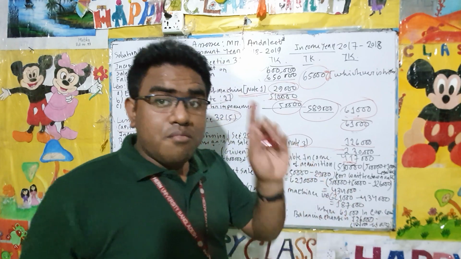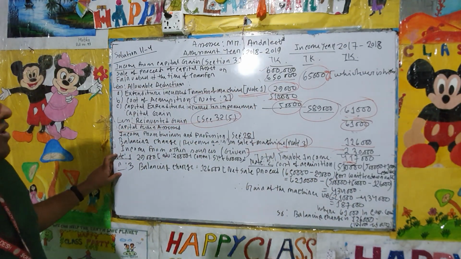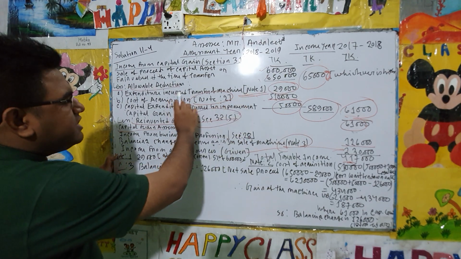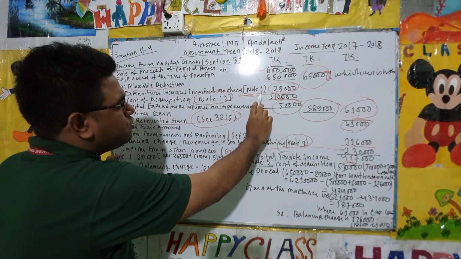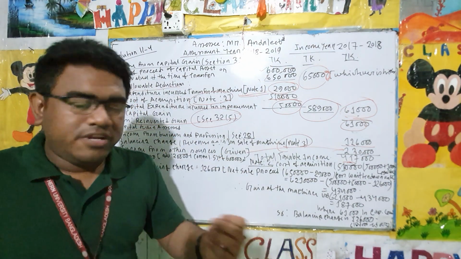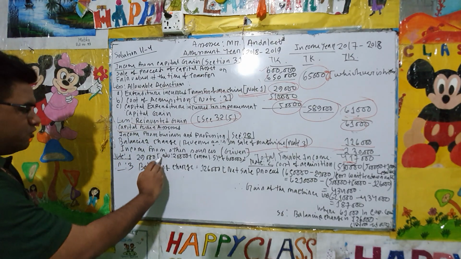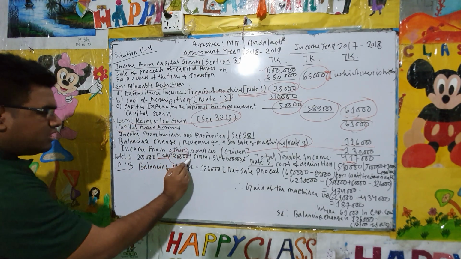Now, most important part, note number 1. Which one is note number 1? Here, expenditure incurred on the transfer of machine. Note number 1 is 29,000. So how do we get 29,000? Advertising cost 20,000.